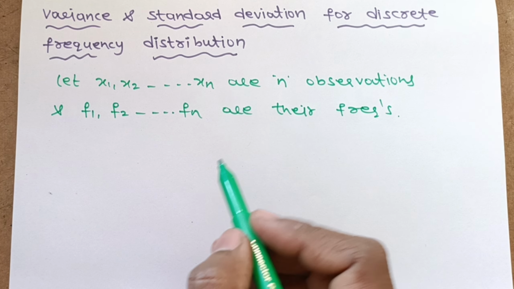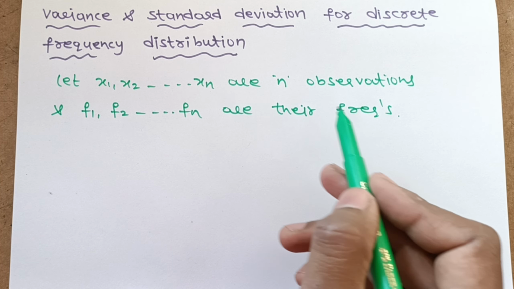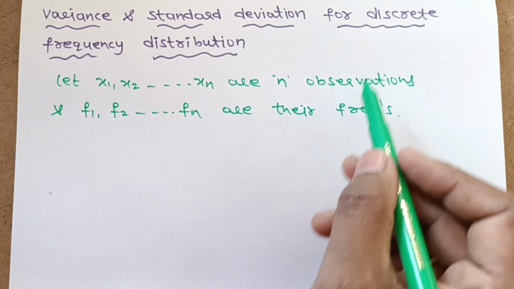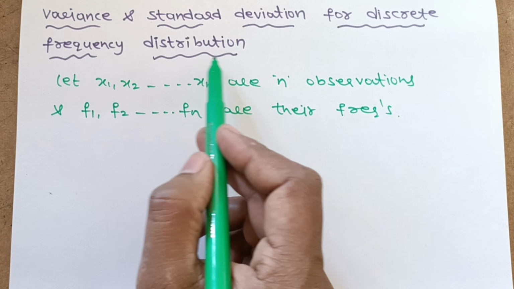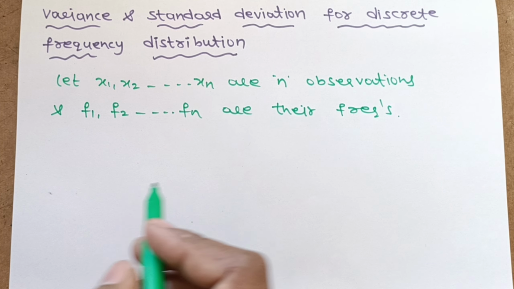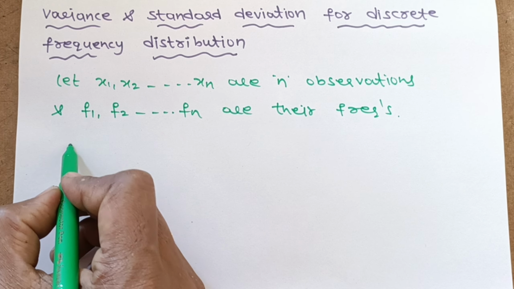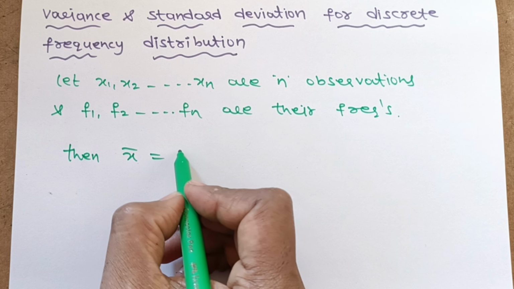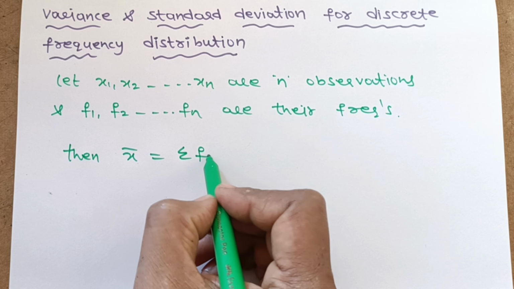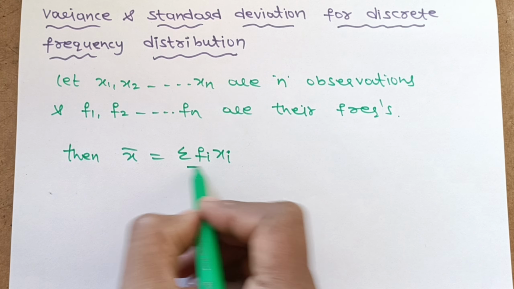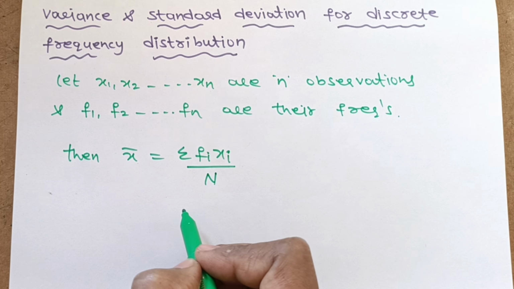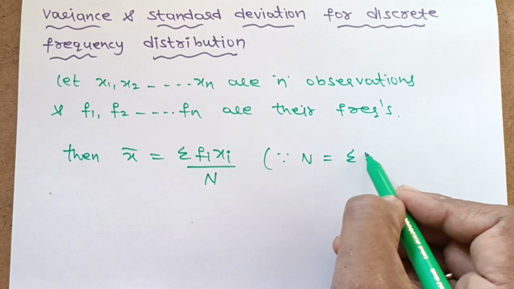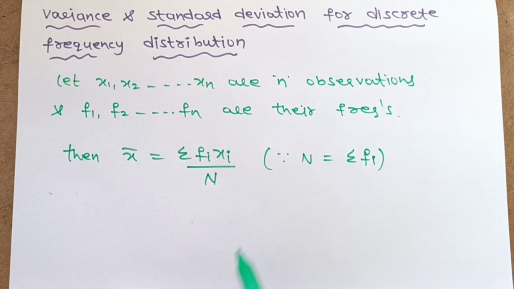Now clearly, if the given problem contains observations and frequencies, then that frequency distribution is called a discrete frequency distribution. See here, in that we know that x bar is what? Mean formula is sigma fi xi divided by n. N is what? N is the sum of the frequencies, that is sigma fi.